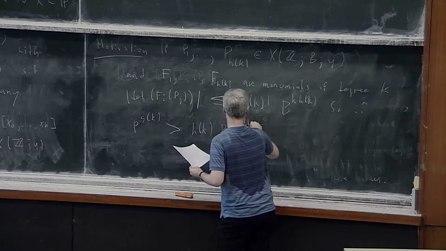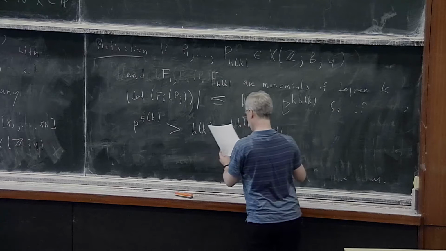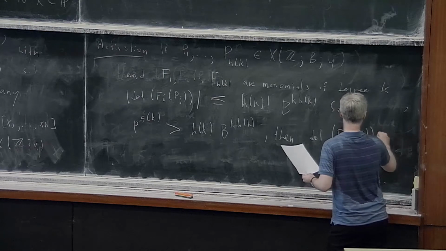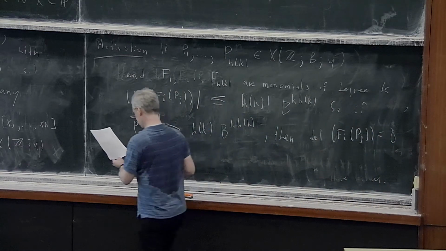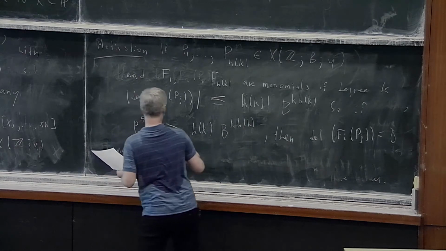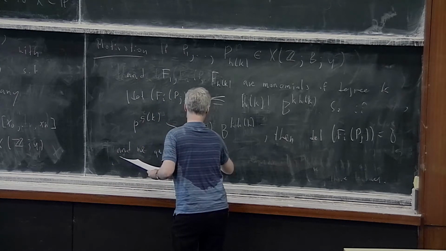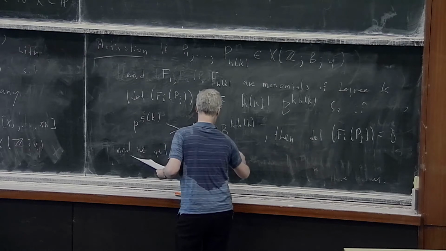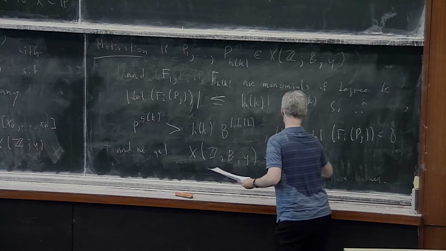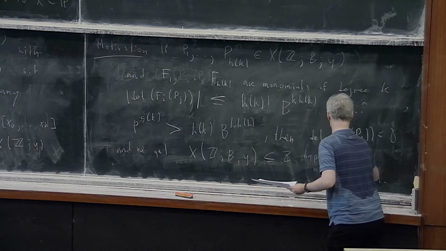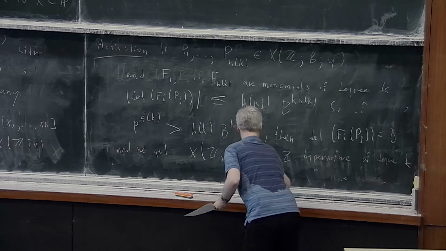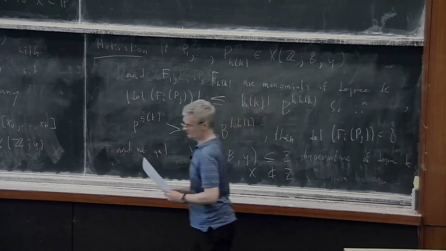B^{k h(k)}, then this determinant of f_i(P_j) is 0, and at the end we will get that X(Z) ∩ B_i is contained in a hypersurface Z of degree k, while X itself is not contained in Z. So this is the reason I'm interested in this.